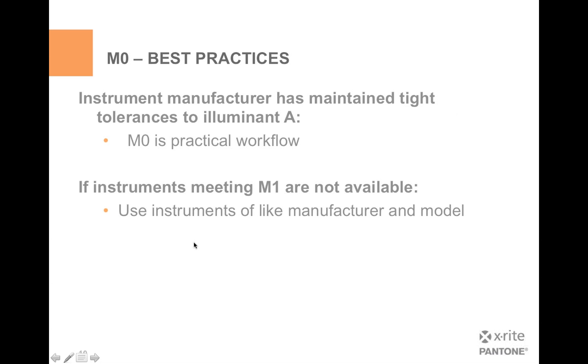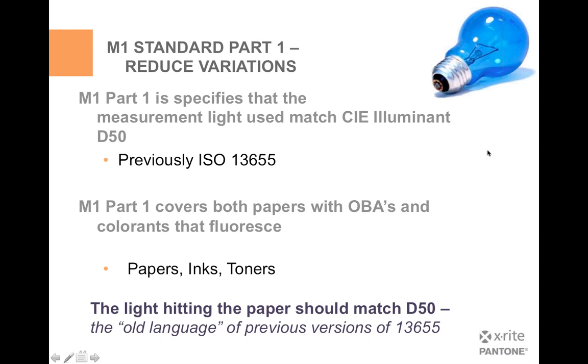So that brings us to M1. So M1 is really two parts. And each part is about reducing variation, and it also adds some additional pieces. So let's look at part one first. And that says that the light hitting the plane should match illuminant D50. So this is sort of that historical requirement, what was in 13655 before, but some advances in different types of illumination and some color science pluses and so forth have given us the ability to build that into an instrument today.